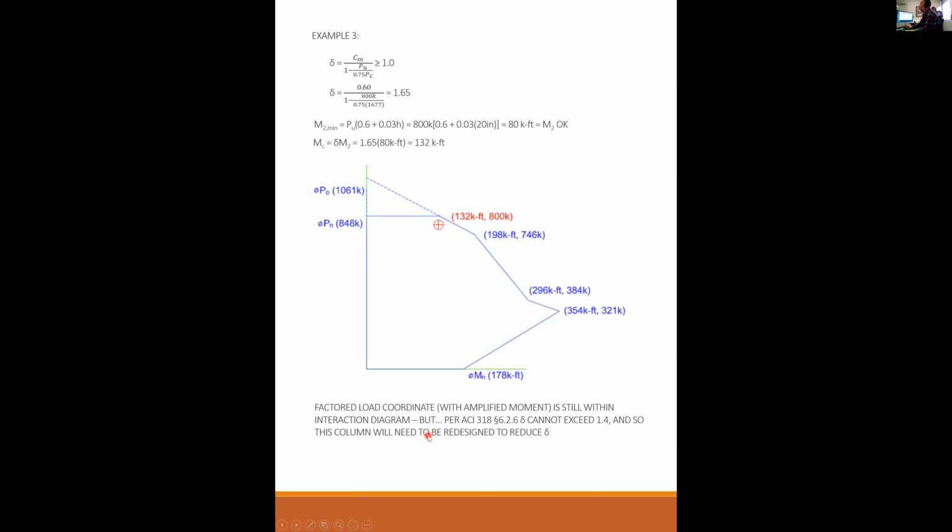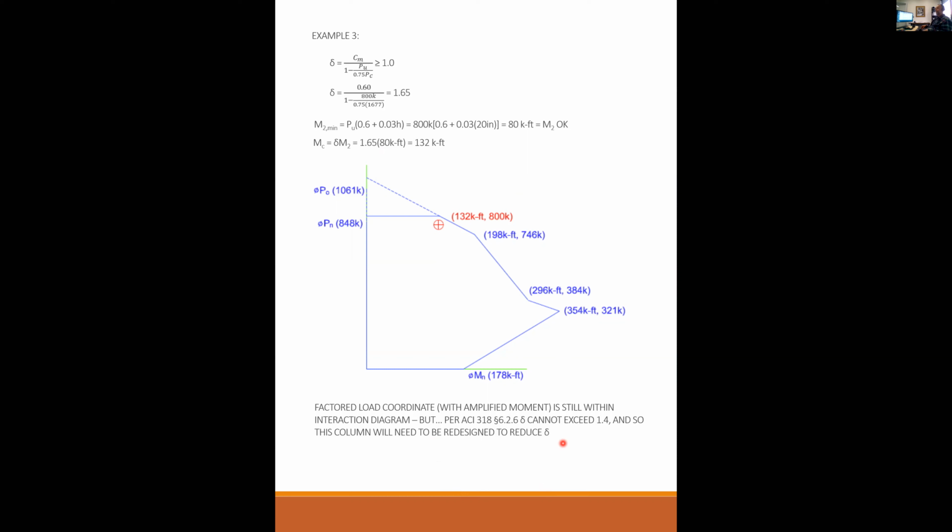But, and I hate this provision as much as anybody, it is so troublesome, there's an ACI 318 section 6.2.6 that says delta cannot exceed 1.4. We have a delta of 1.65, so this column would need to be redesigned to reduce delta. Okay, how could I do that?